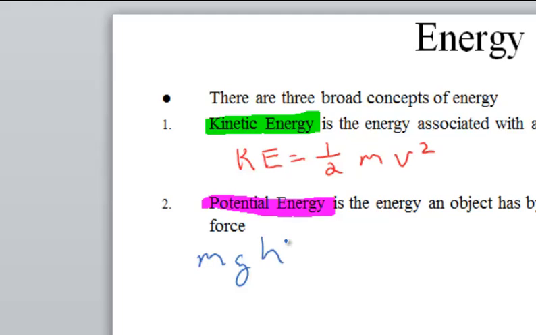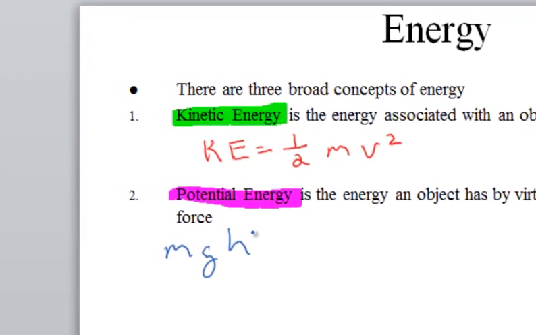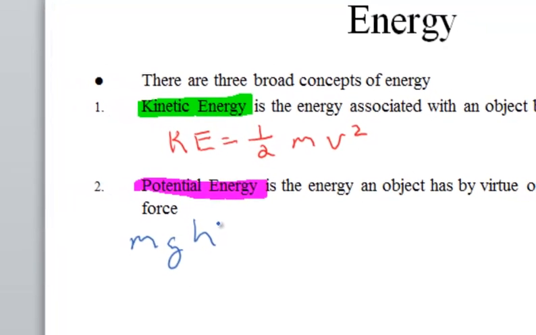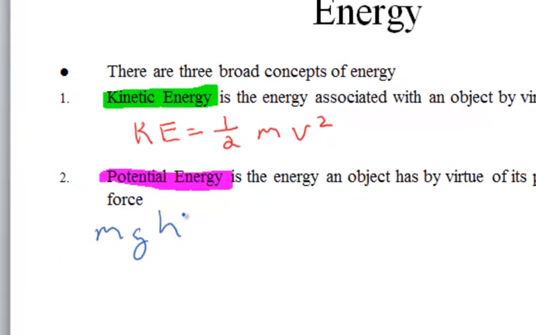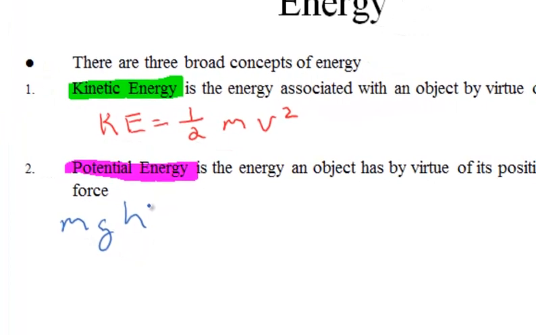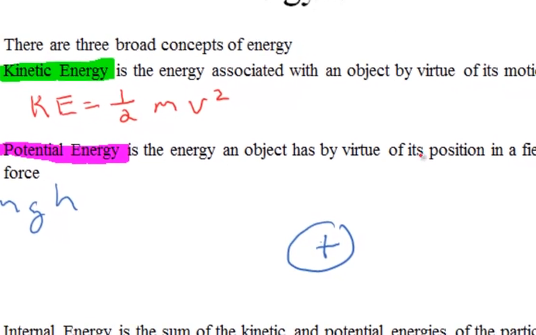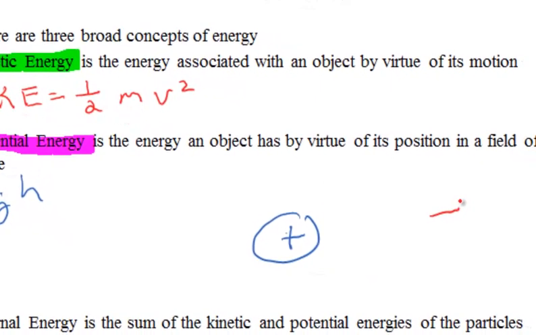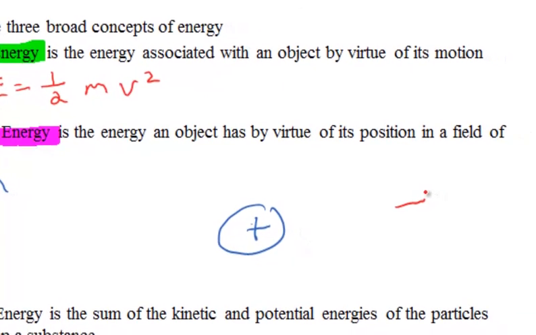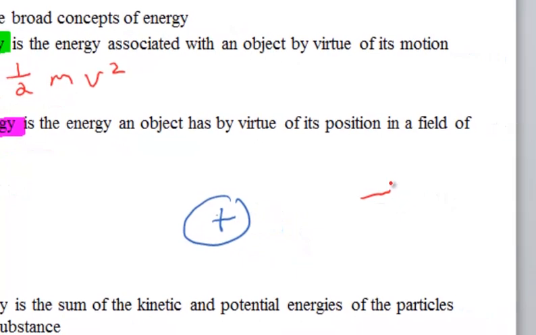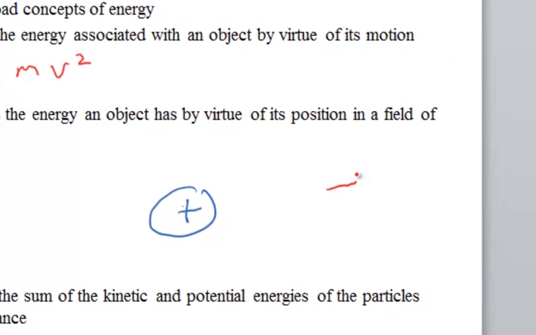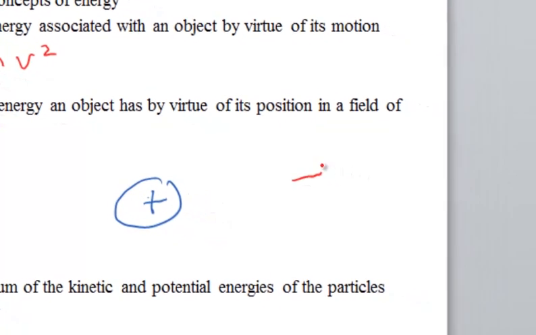Electrostatic potential energy, the potential energy of an electron, is related to its attraction to the nucleus. If you had a positive nucleus and some negative electron moving around, there's an attraction. It gets complicated because that electron is moving randomly and doesn't have a fixed position.